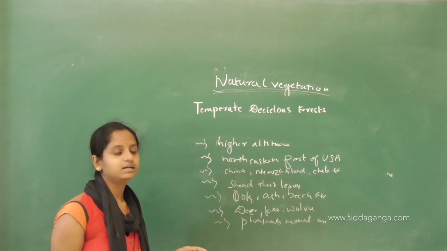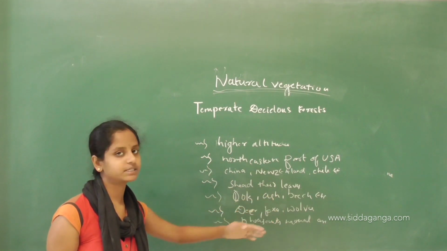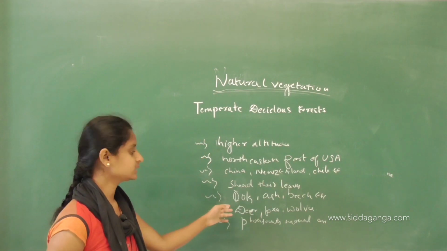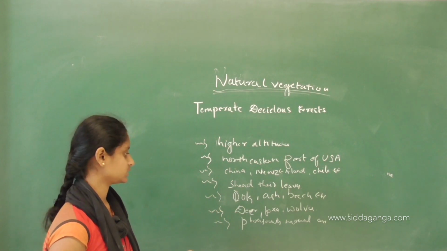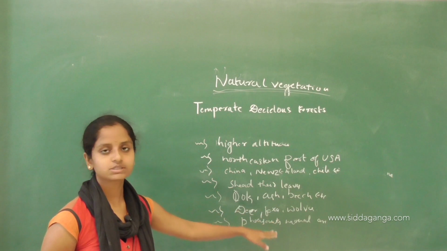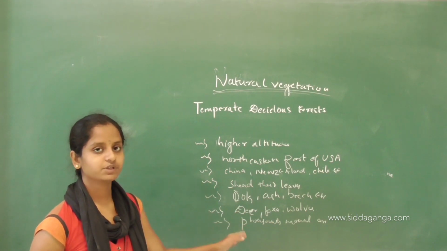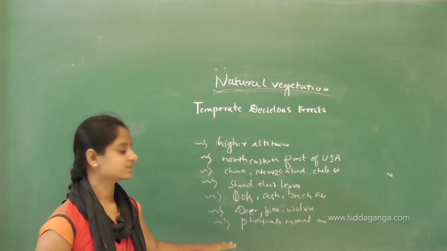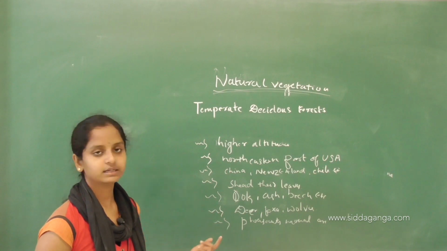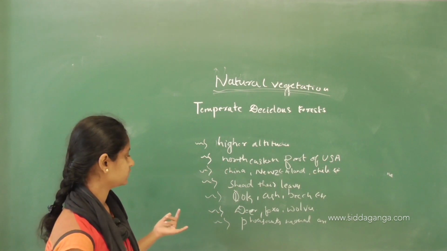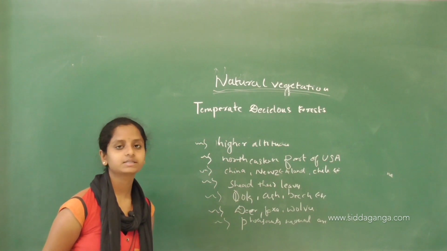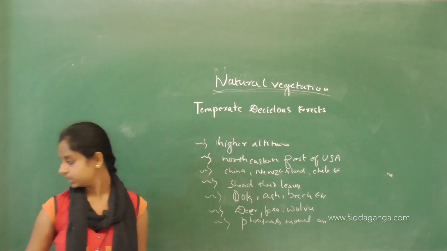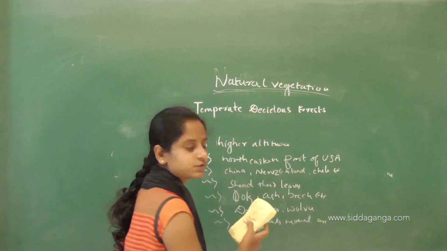The trees are oak, ash and beech, etc. Deer, foxes and owls are the animals we can see here, and birds like pheasants and monarchs. So this is about the temperate deciduous forest.